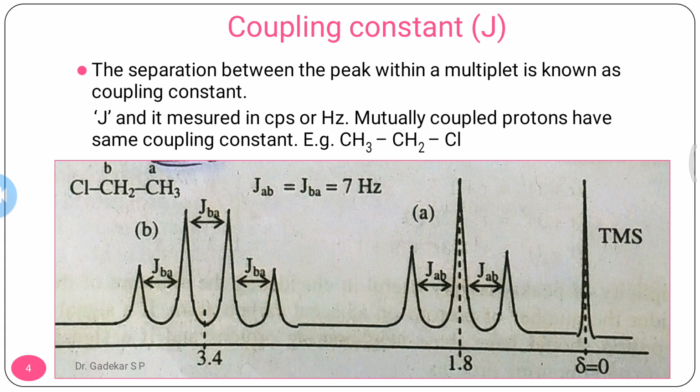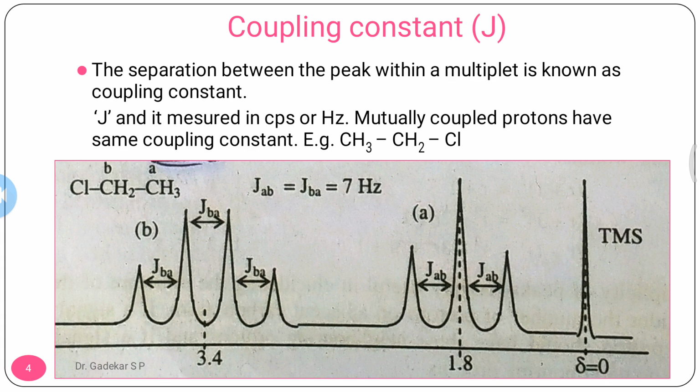In this figure, CH3CH2Cl, ethyl chloride, A is the methyl and B is the CH2. Methyl is highly shielded compared to CH2, and CH2 is deshielded because of the neighboring highly electronegative chlorine atom.